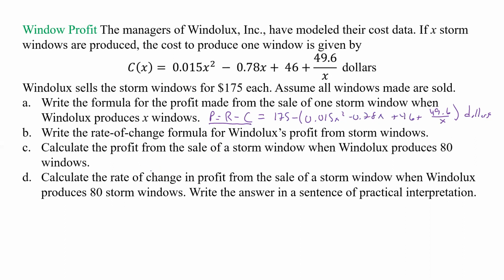Okay. Now for B, what we're supposed to do is write the rate of change formula for the profit from storm windows. Well, that one we have to simplify a little bit because we really have to take 175 minus 46, otherwise we don't have everything in place there.